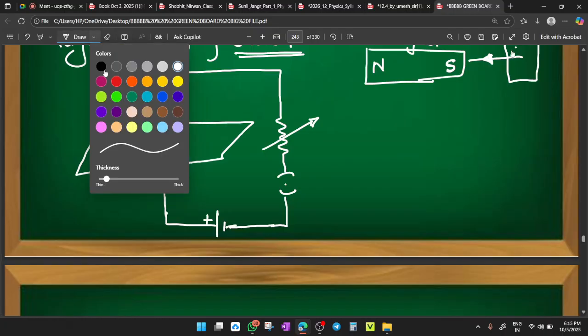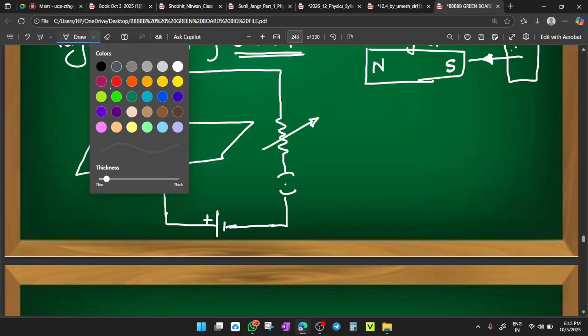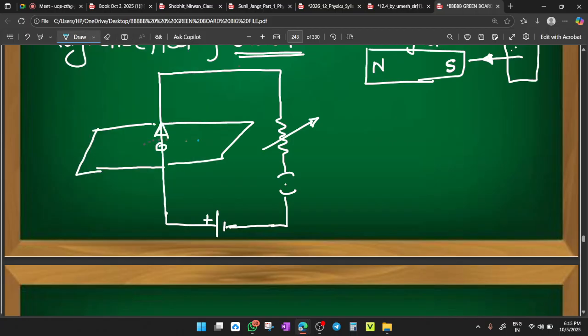He sprinkled iron filings over this board. First, he distributed the iron filings all over the board and passed the current.